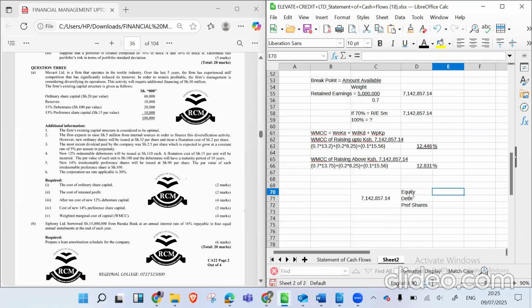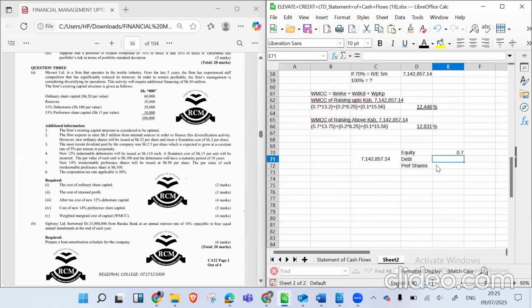From our capital structure, equity is 70%, 0.7 is our equity. Debt is 20%, 0.2. And preference shares is 0.1. Now, this is any amount I'm raising.